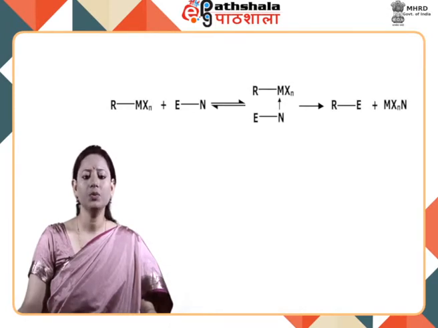RMXN reacts with En to form a complex which decomposes to give RE. This process has been called the SEC or SE2 coordinate mechanism. Such mechanisms also proceed with retention of configuration. These are bimolecular but may follow complex kinetics, as at least 3 elementary steps are involved in the reaction.